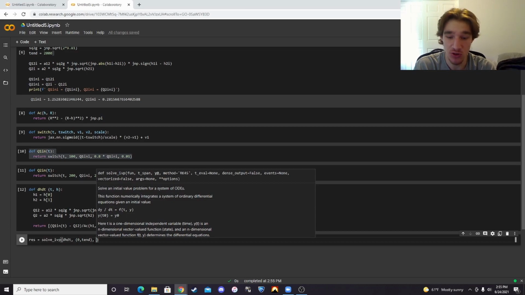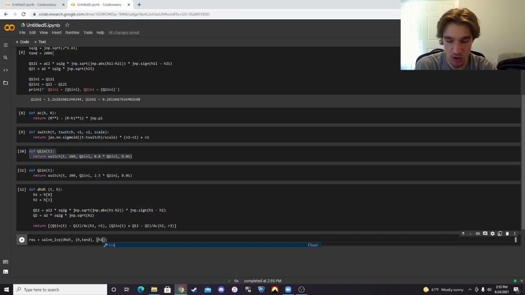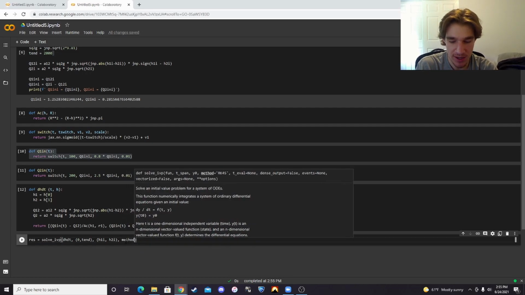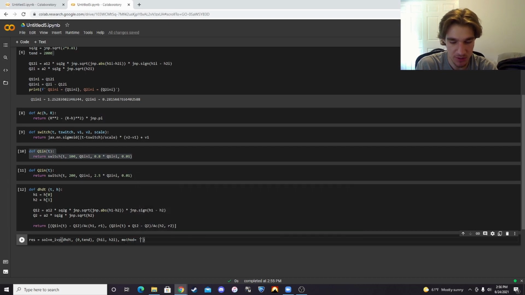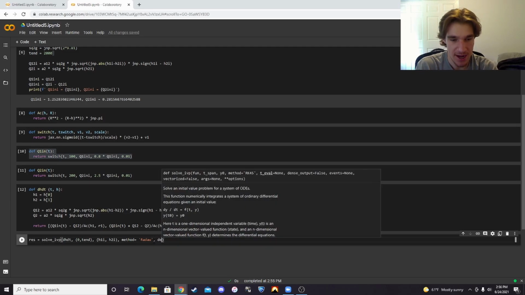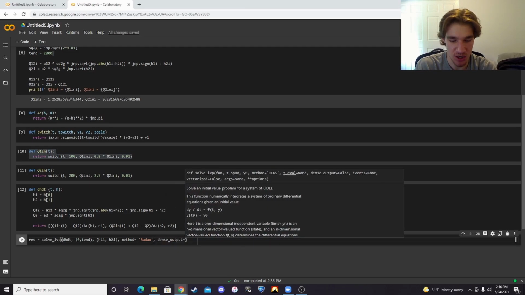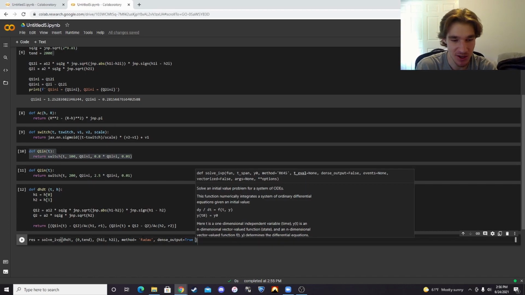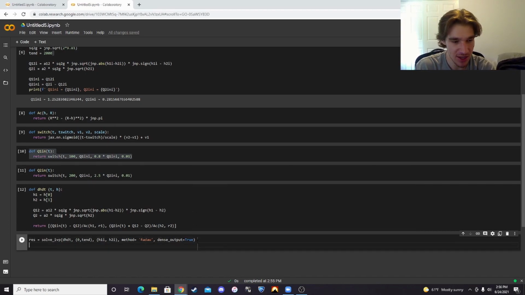We need our initial heights, so h1i, I apologize, and then h2i. Method, we will be using the Radau method to solve this. And then we want our dense output to be equal to true. Make sure that T is capitalized, because if it is lowercase, then it will not work. And once we have that, we can go ahead and move on to the next part.